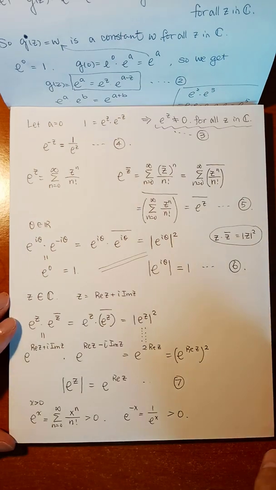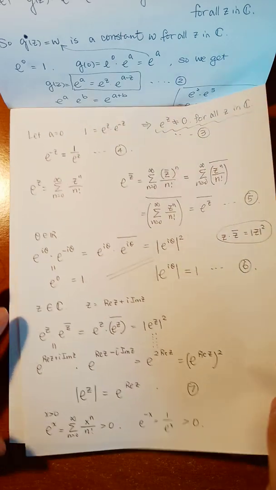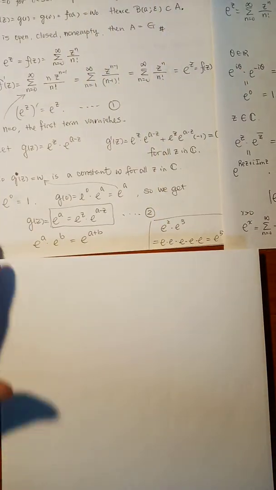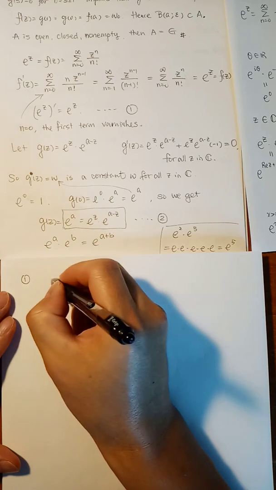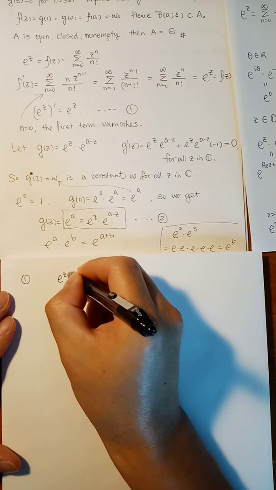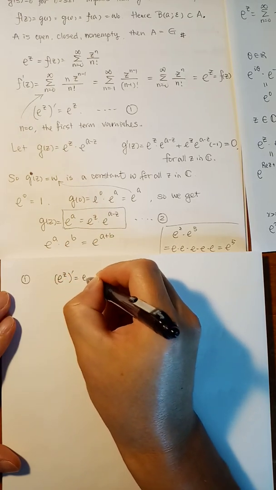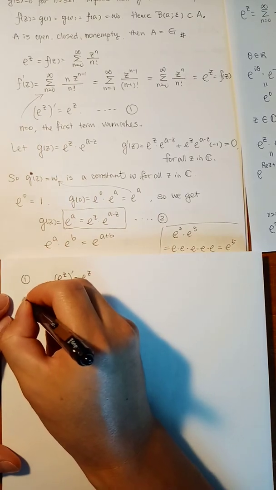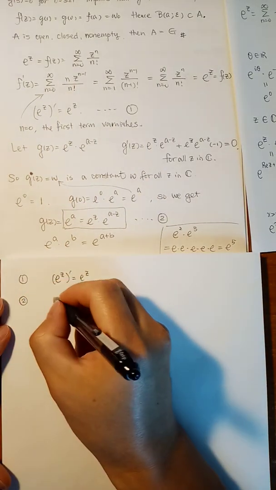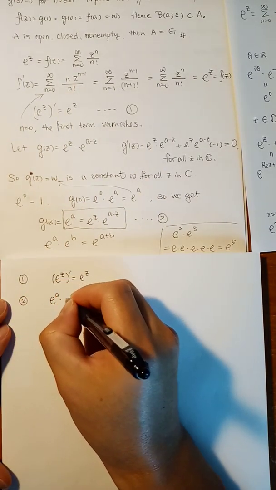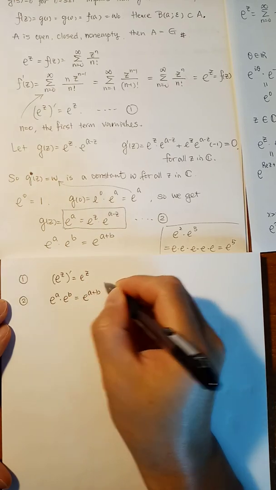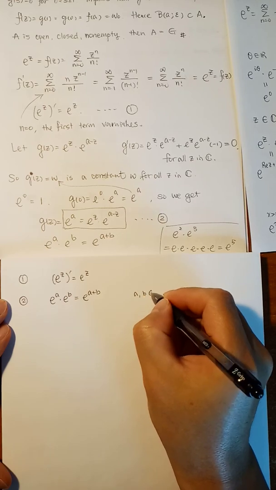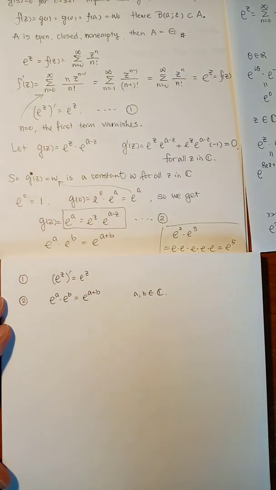All right, so let's summarize what we have. I'm going to list them one by one. First, the derivative is itself. Second, we have the product rule, where a and b are complex numbers, not real numbers.